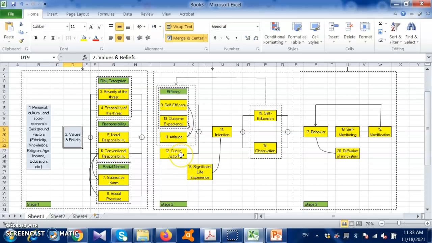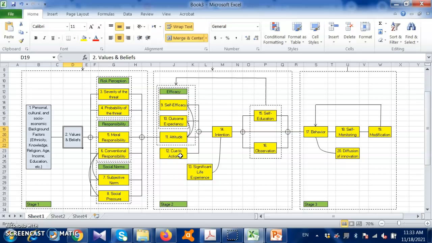And here we have a cue to action. That's a new component that I introduced. A cue to action is basically a trigger. In our case, it would be an email from the university talking about the beginning of hurricane season and that we need to take preparation actions.